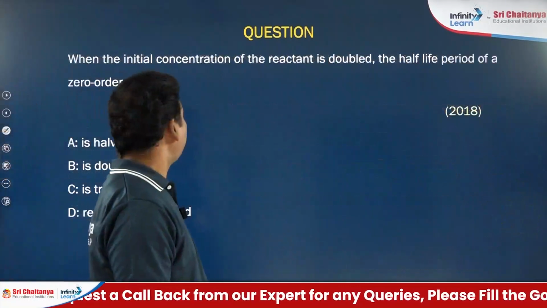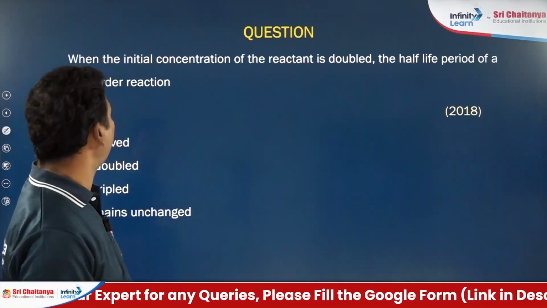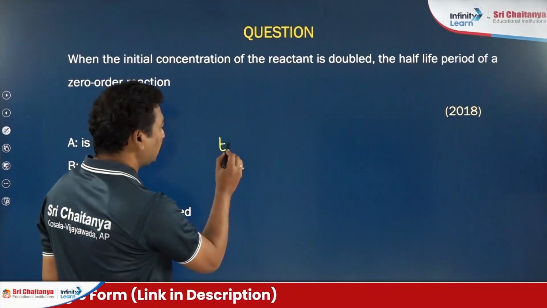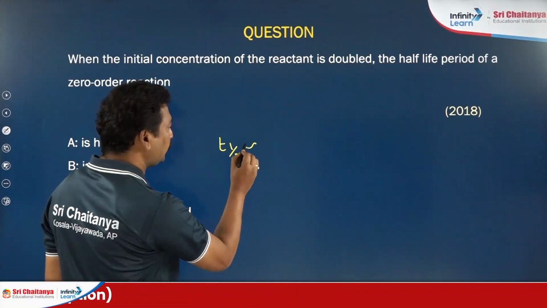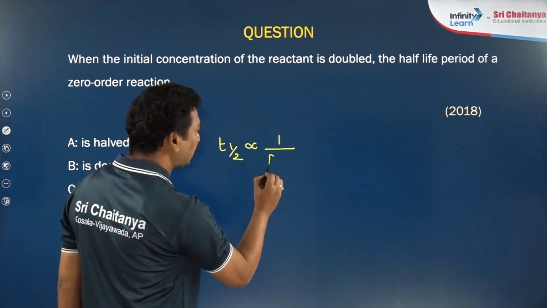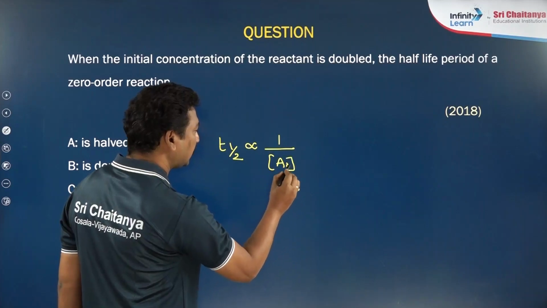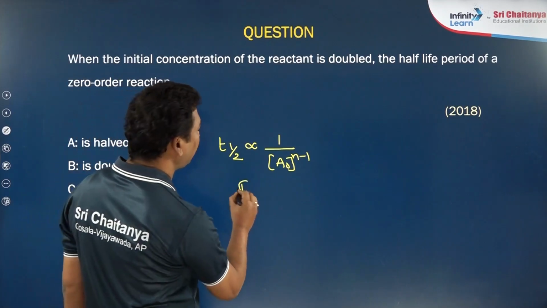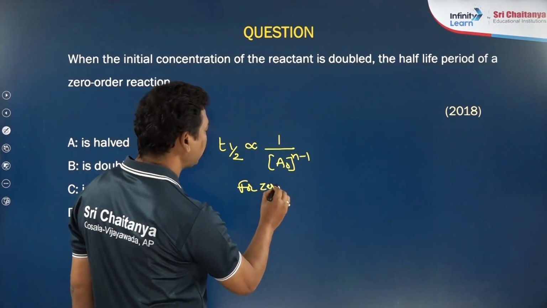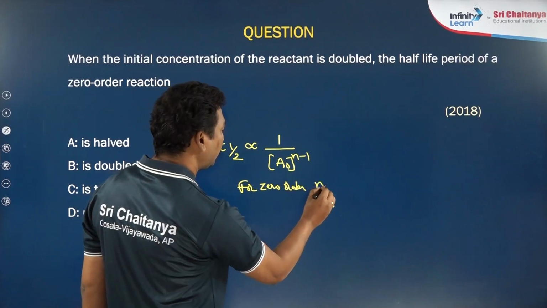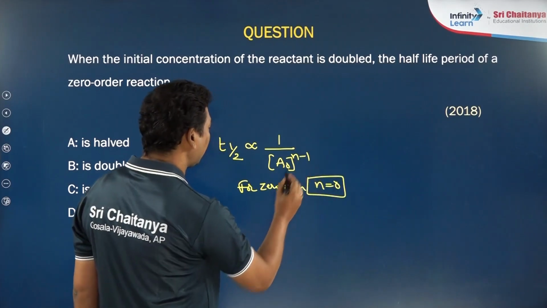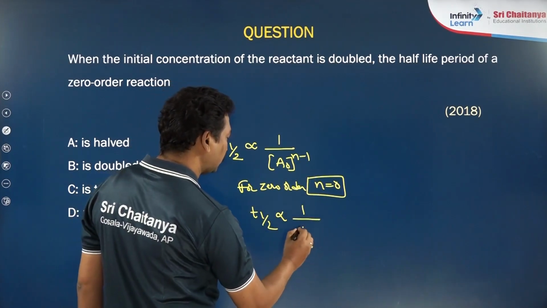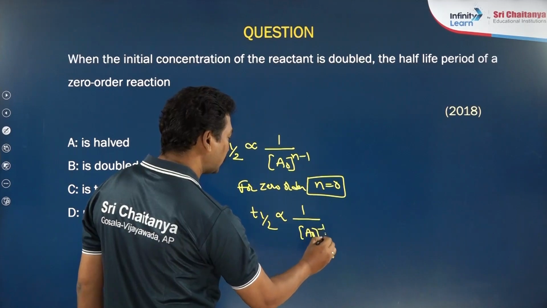Second one: when the initial concentration of the reactant is doubled, the half-life period of the zero order reaction is? Just now I had written the formula: T half is inversely proportional to the initial concentration of the reactants to the power of n minus 1. And for zero order, n becomes 0. Substituting 0 here, T half is inversely proportional to A naught to the power of minus 1.